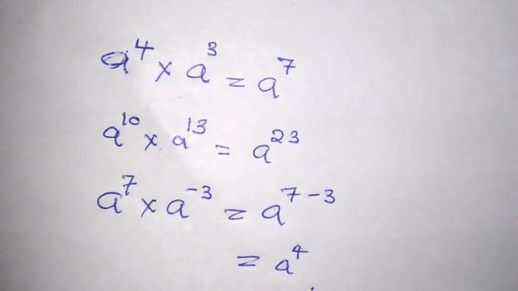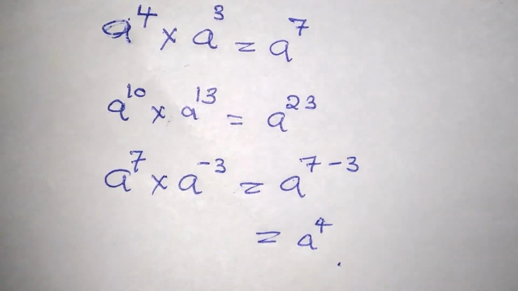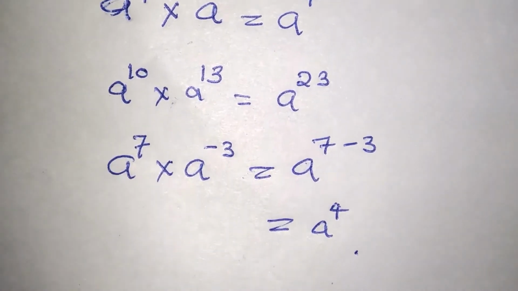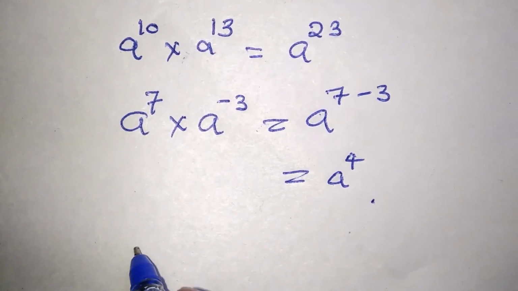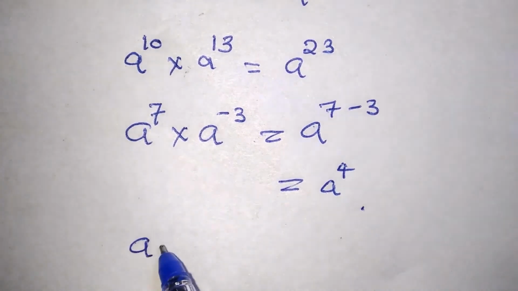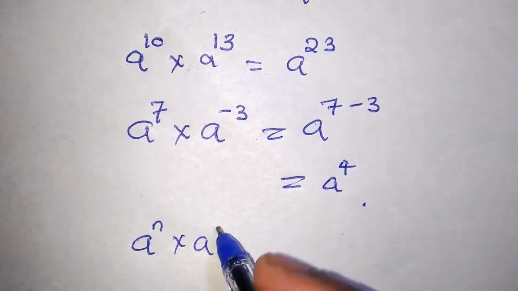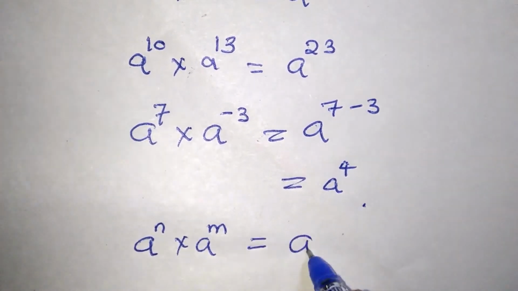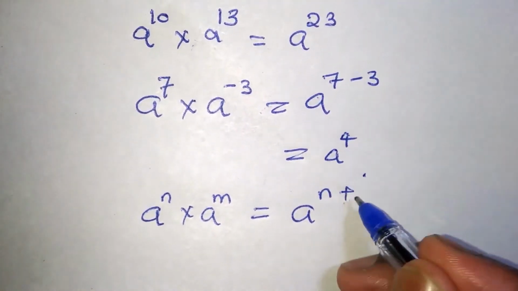So it is possible to operate on indices by multiplication if we follow the rule, which I'll remind you again here: a raised to n times a raised to m is equal to a raised to n plus m.